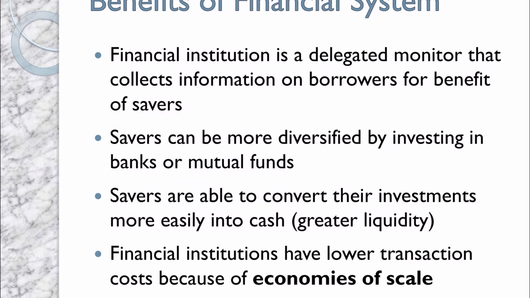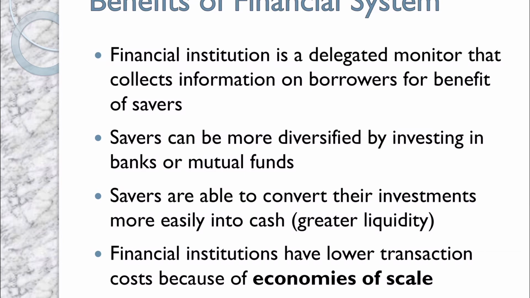And then lastly, financial institutions have lower transaction costs because of economies of scale. Similar to what I mentioned on the first one, with the financial institution being a delegated monitor and collecting information at a lower price, with these financial institutions monitoring multiple clients and multiple investors, the cost of their loans and their savings accounts actually goes down.